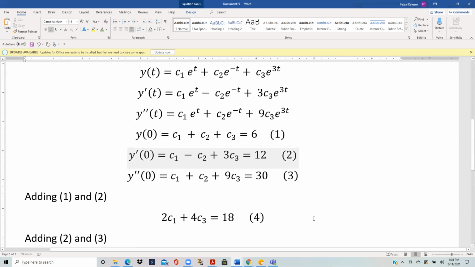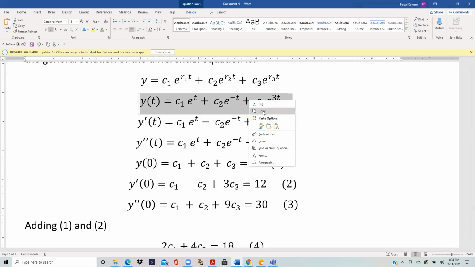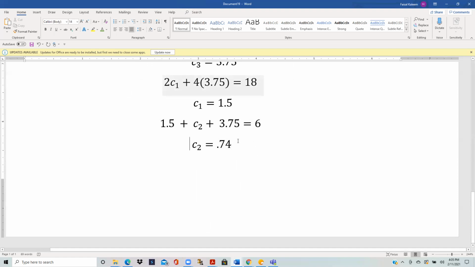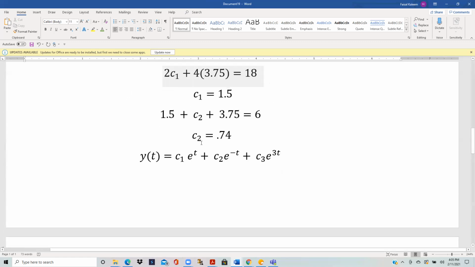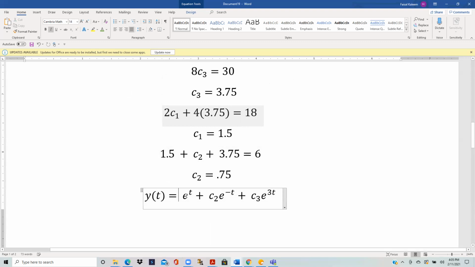So we go back to our general solution and substitute the constants. C1 is 1.5. C2 is 0.75.